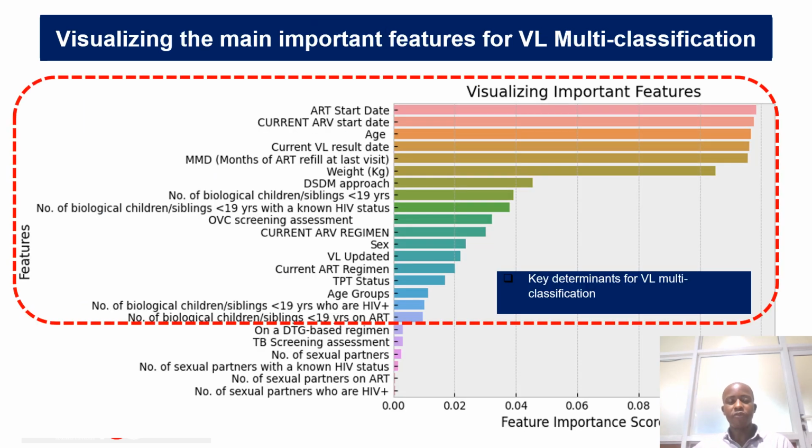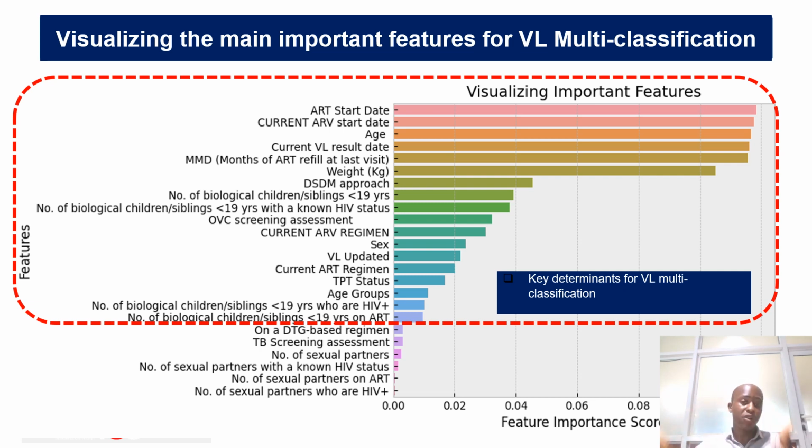So visualizing the main important features for the viral load classification, we see that these key features: start date, current VA error start date, age, current VA start date, month, DSDM, weight, number of biological children and siblings, the HIV status, obviously screening, the current era during main sex, VL updated, current average TPT status, age, and all these other factors are key in determining the viral load result of the client.